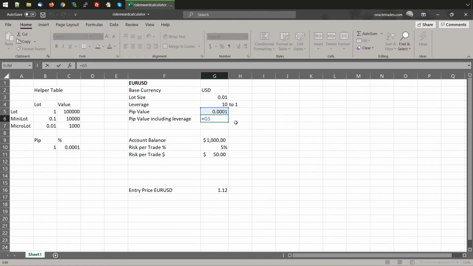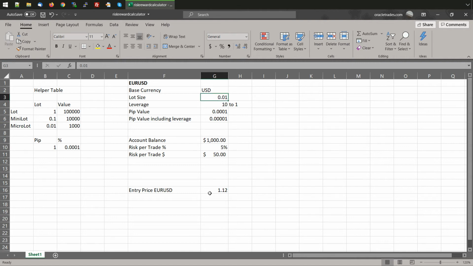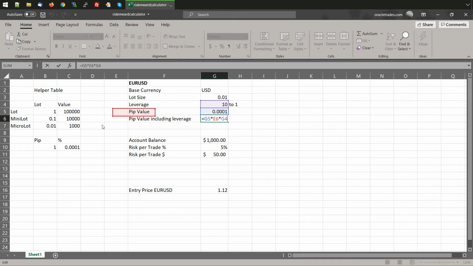I'm going to take this, multiply it by the lot size and also by the leverage. So how does that look? It looks a bit strange, right? The lot size isn't really a currency, so we have to convert this lot size into what that actually means. And we know that that is 1,000. So the pip value is actually not times the lot size, but times this.